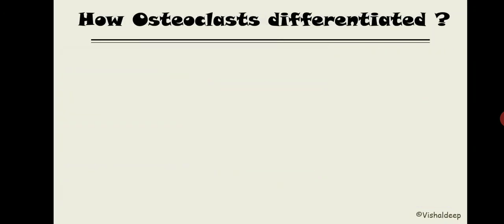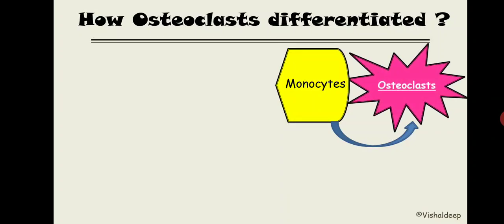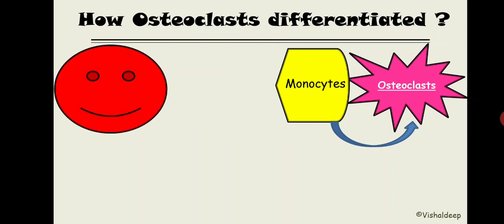Now we learn step by step. See, this is the monocyte. This monocyte is going to be converted or differentiated into the osteoclast. This differentiation from monocyte to osteoclast will take place with the help of another cell.